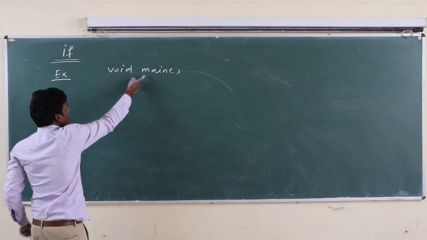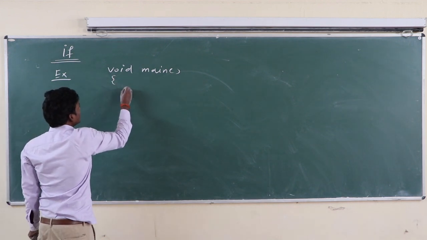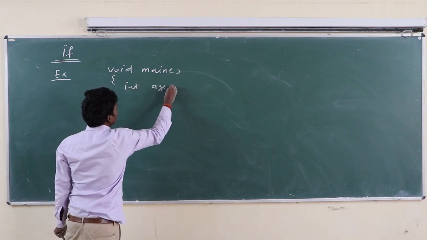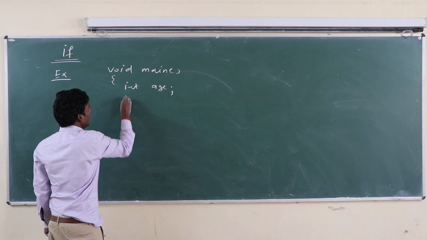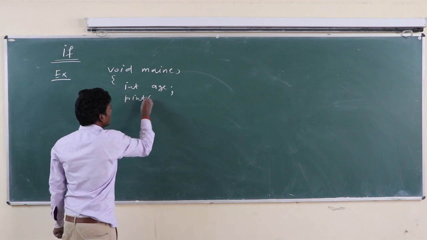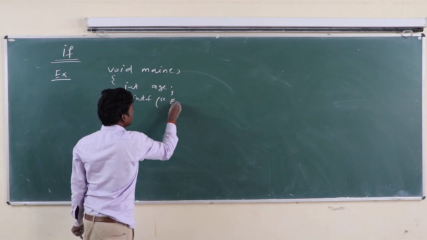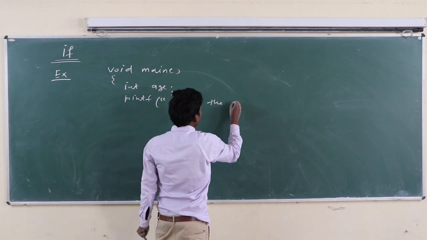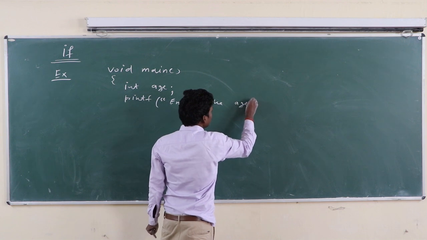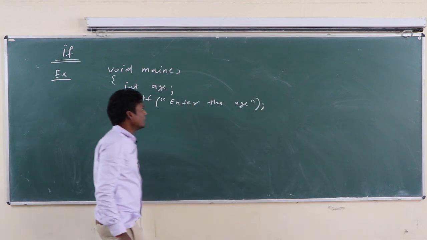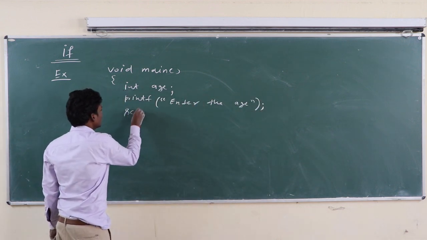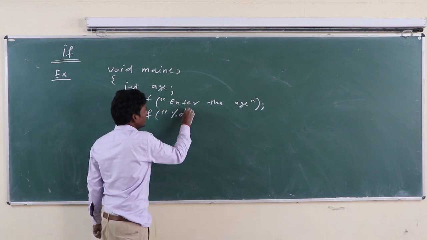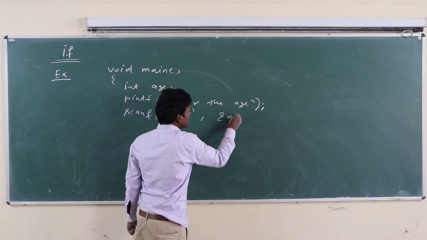Okay, just started from void main. int age, printf enter the age, scanf percent d, ampersand age.